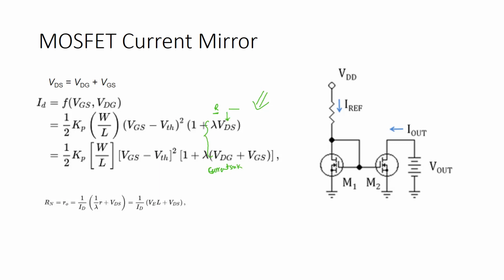And then with the conditions we just analyzed, this I reference gets copied into the output transistor, which is M2. And this output side of the circuit is called a current source.